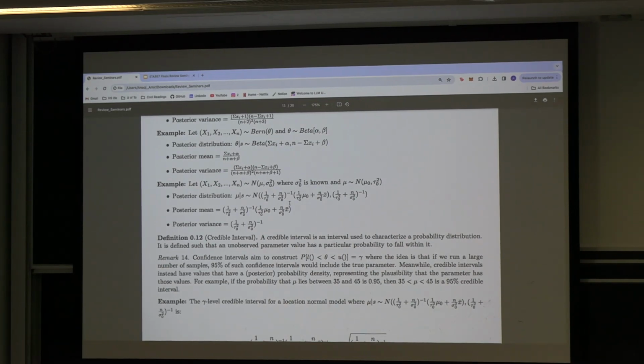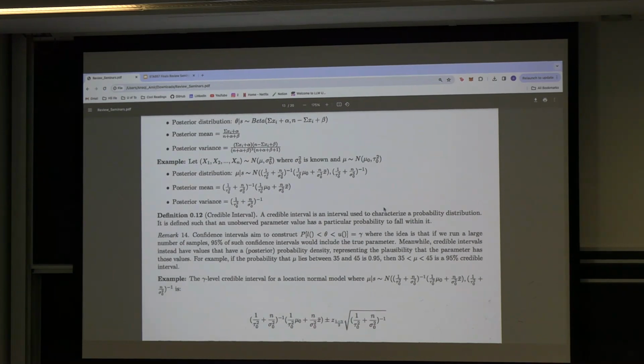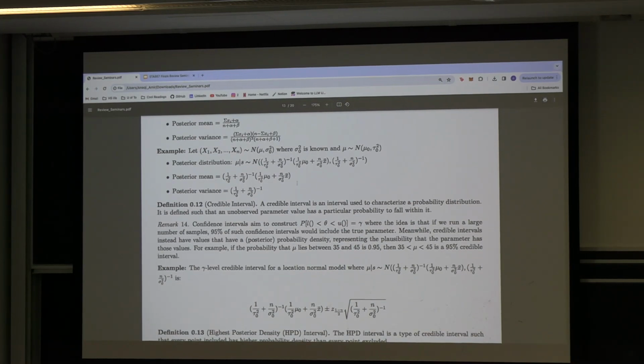If you do likelihood multiplied by the prior, you would get this long distribution, which is fairly simple. I'm pretty sure he went through that in lecture. You can just go through the slides to see how he came up with that.